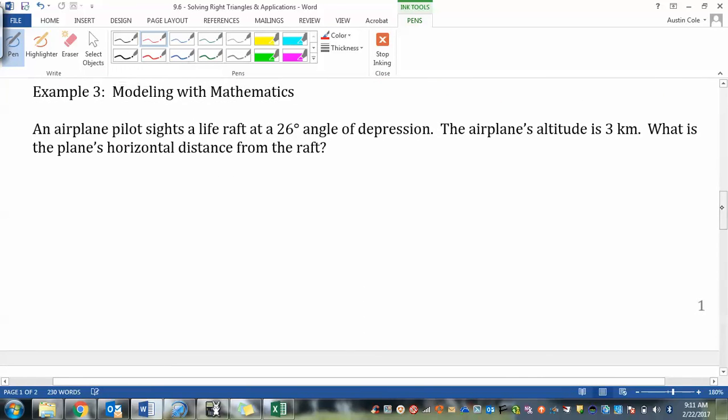Okay, example 3. An airplane pilot sights a life raft at a 26-degree angle of depression. Now, this is where people will make a mistake. So it's important that we're paying attention. So I've got an airplane.